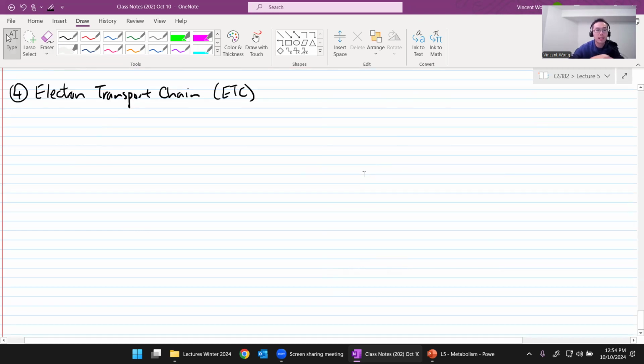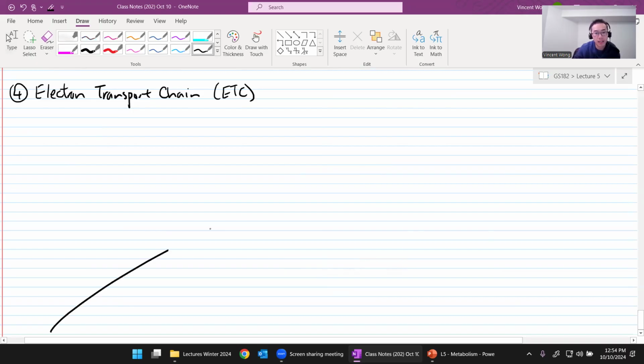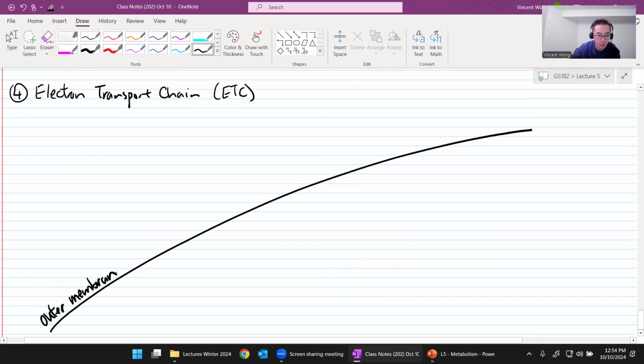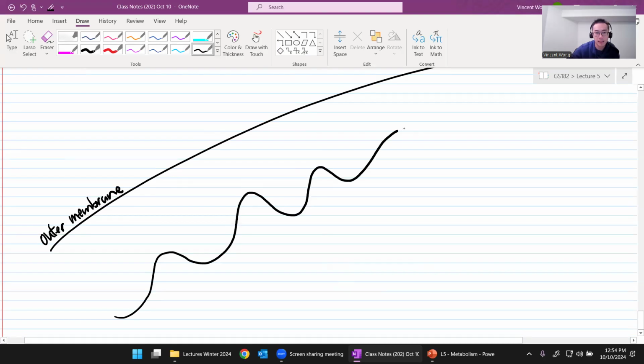So let's draw a few things here to orient ourselves. And we have the outer membrane of the mitochondria. And here is going to be the inner membrane.